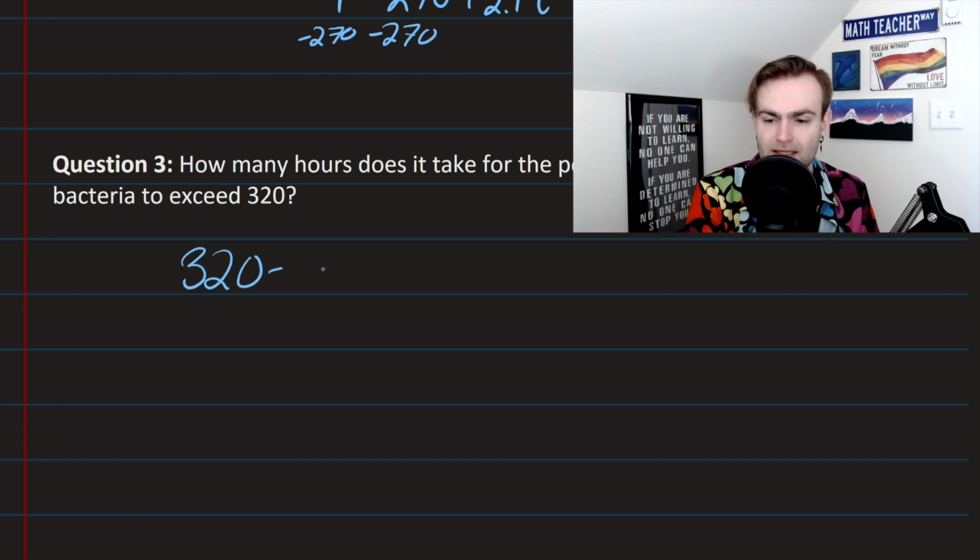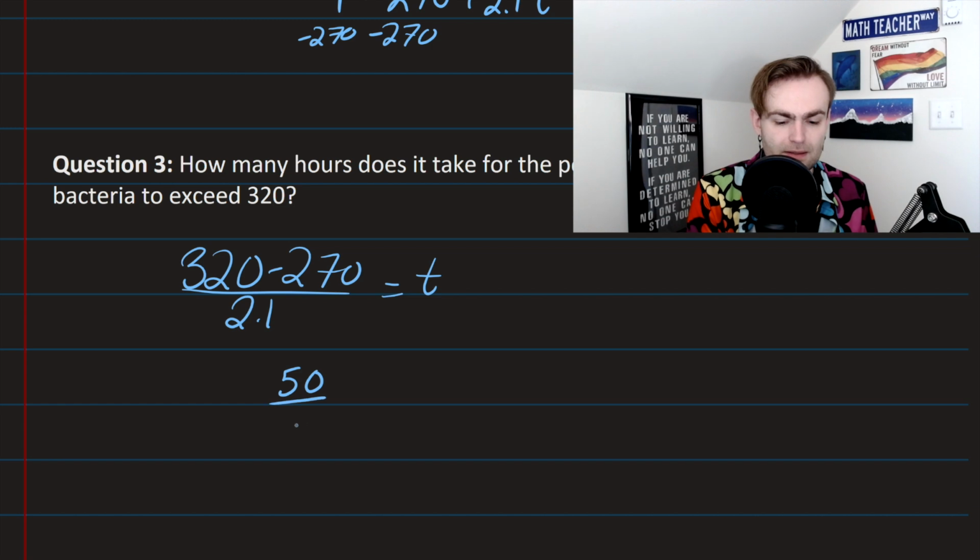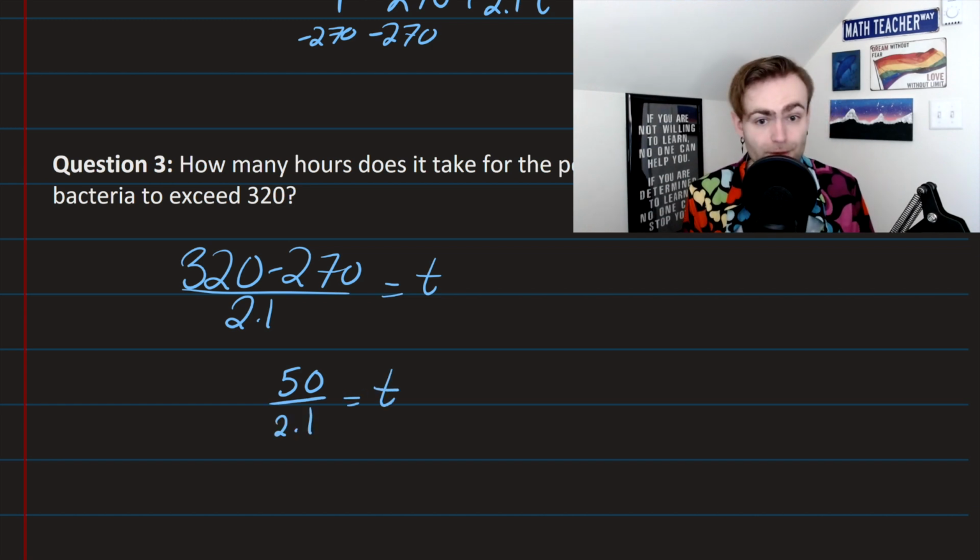So 320 take away 270 over 2.1 is equal to t. Well, 320 minus 270 would be 50. And then 50 divided by 2.1 is what we're looking for.